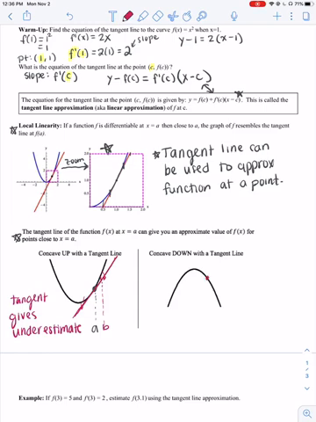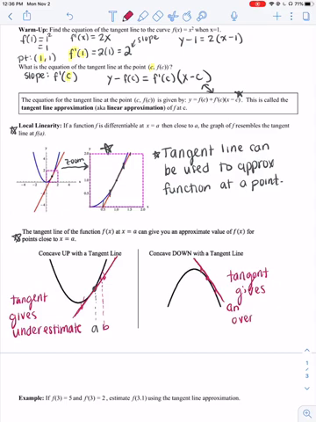If we have our value a, and again we draw a tangent line, any value that your tangent line gives is going to be a bigger value than the actual function. And so here the tangent line gives an overestimate.